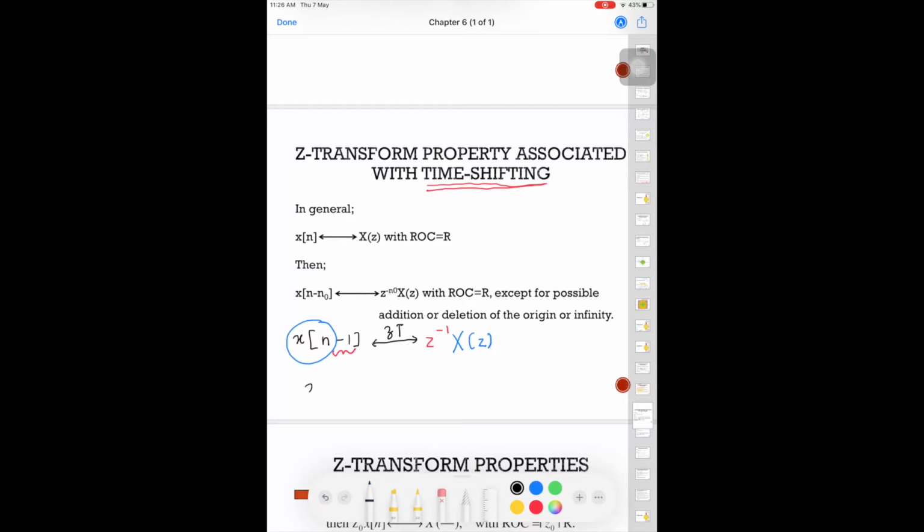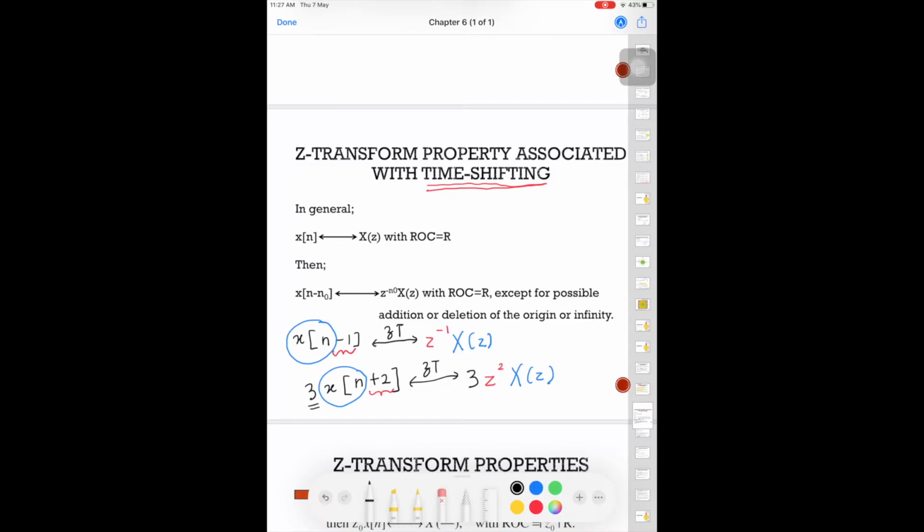Same goes for 3x[n+2]. 3 is a constant, and the Z transform of a constant is a constant. Next you have time shifting of plus 2, so you get z to the power of 2. Then you have the function x[n], so you have X(z).